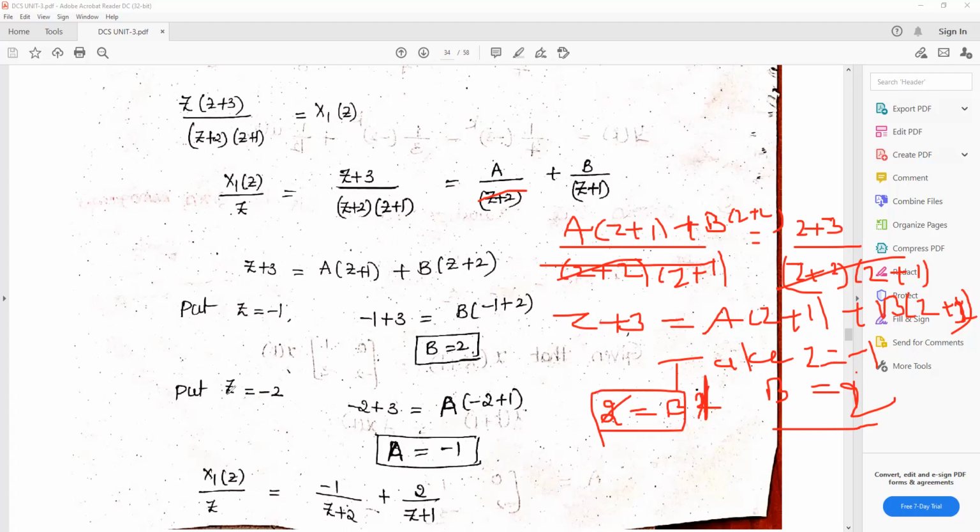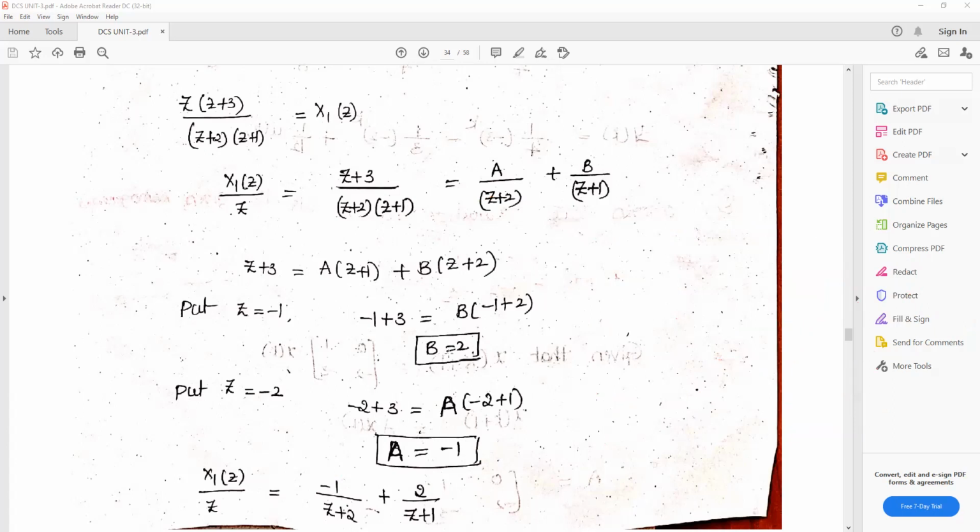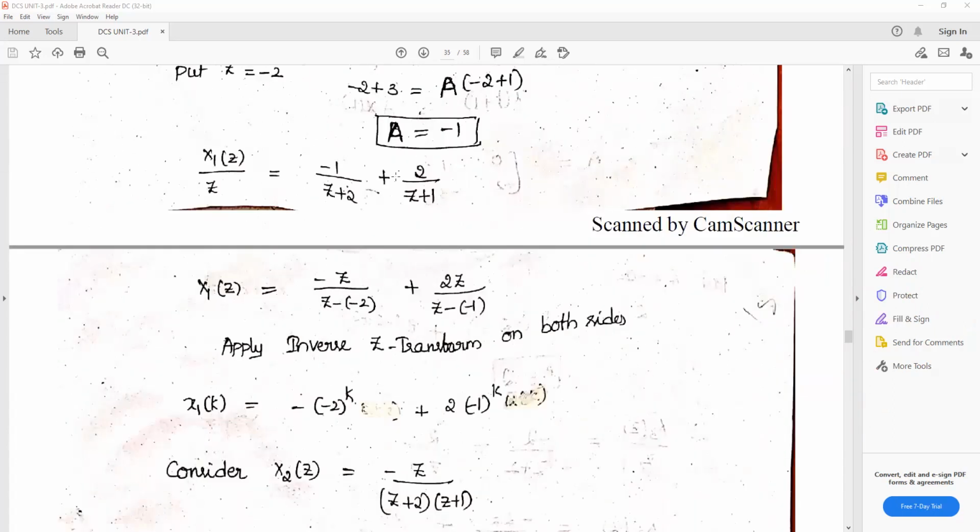And put z is equal to minus 2 in equation 1. So a is equal to minus 1. The a value is minus 1 and the b value is 2. So apply the z inverse of x1 of z: z by z plus 2, plus 2 into z by z minus of minus 1.